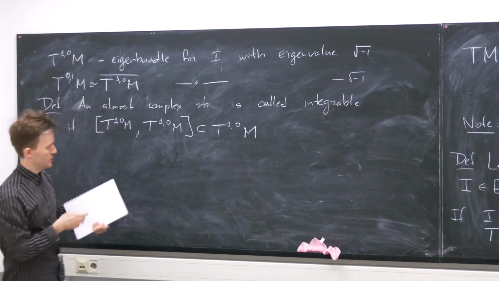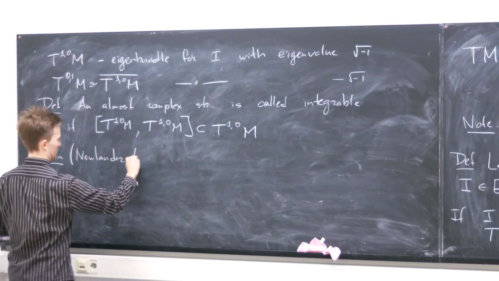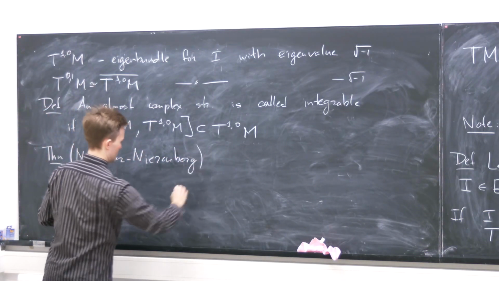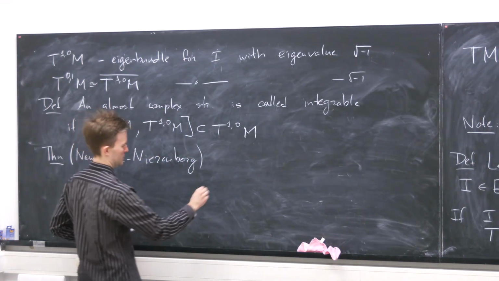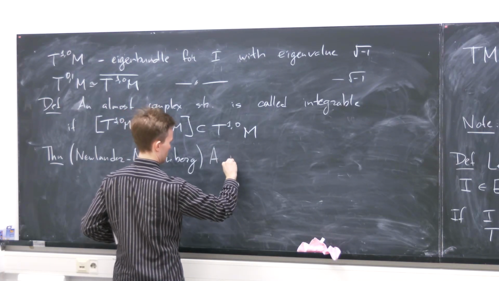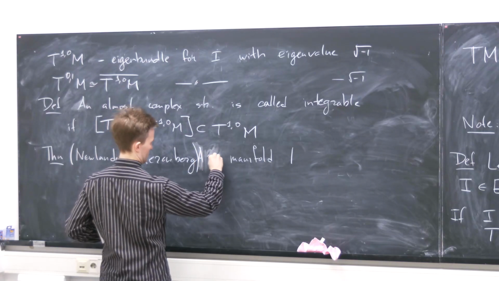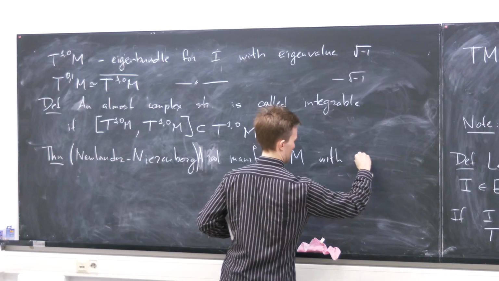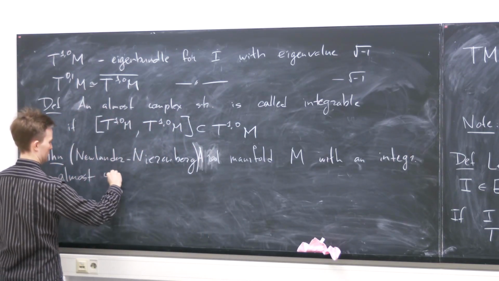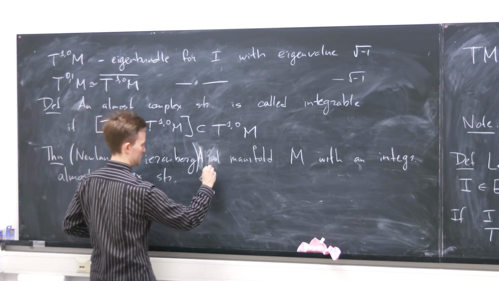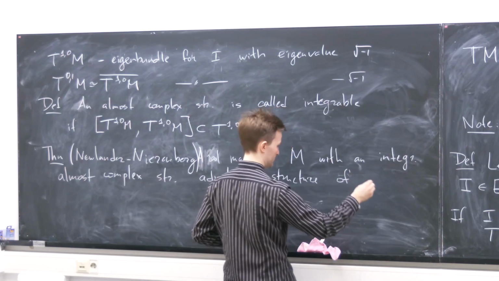And then the theorem of Newlander-Nirenberg tells us the following: that a real manifold M with an integrable almost complex structure admits a structure of a complex manifold.